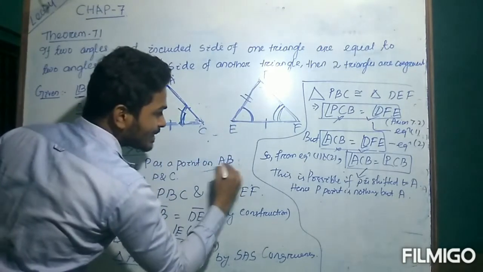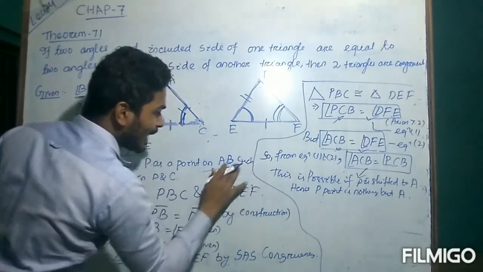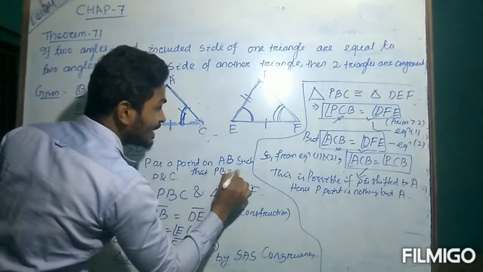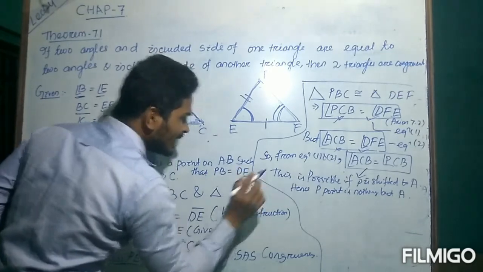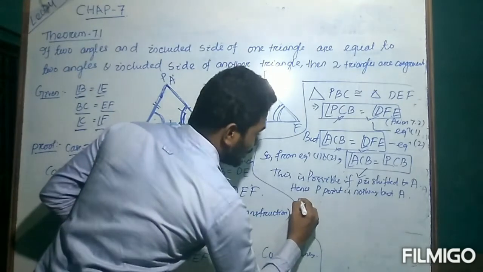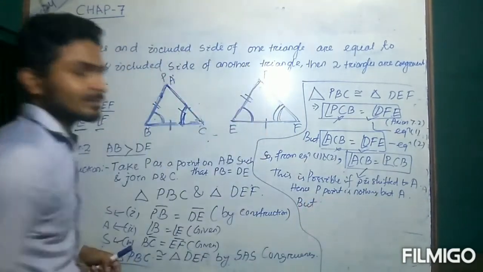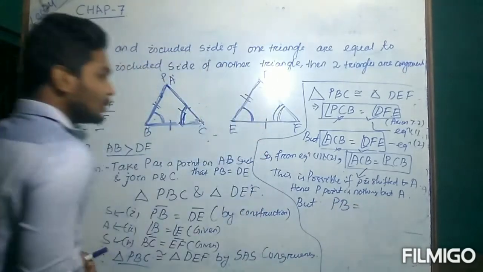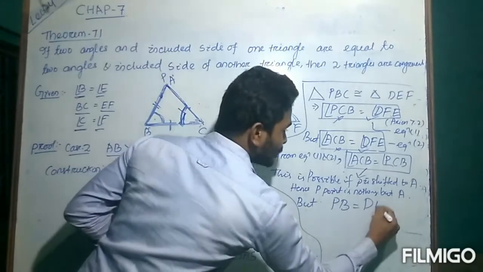Remember this. I have erased it. Here it is written that such that PB is equal to DE. It is written already. I have erased it. Okay. Now, we know PB is equal to DE. We know it.